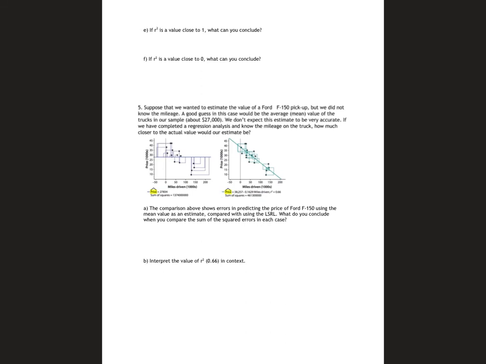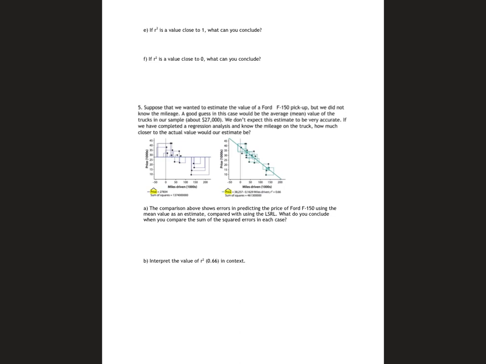Okay, in these last problems, or I guess it's just one problem, you just want to get at what the r squared means. First you're going to find the r squared in part A, and it should be about 0.66.